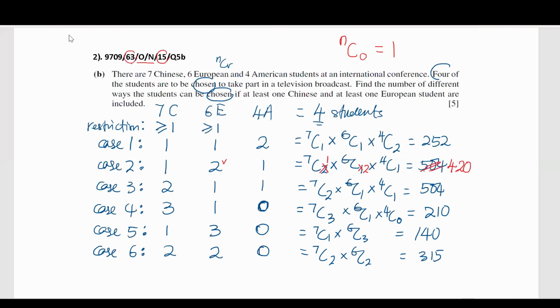All right, so we have 6 different cases and all the numbers of ways. Now we need to find the total selections we have. So what do we do? When we have different cases, we are going to sum up the number of ways.